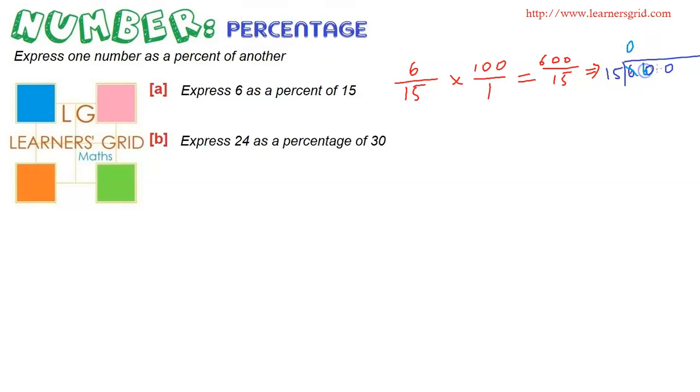So carry the 6 to the next digit. 15 into 60, though, that's 4. And there's no remainders. And then 15 into 0, well, that's 0. Well, there we go, it's 40%.